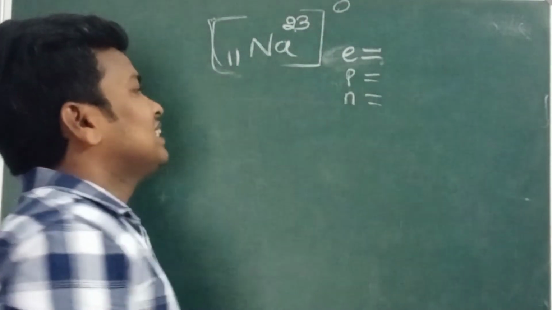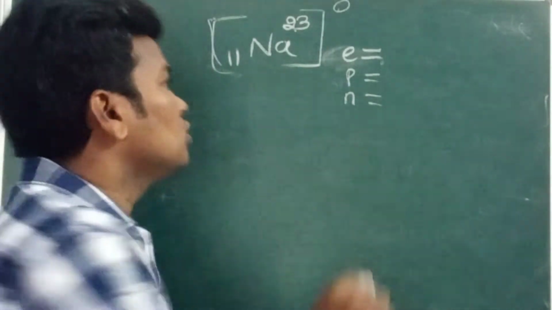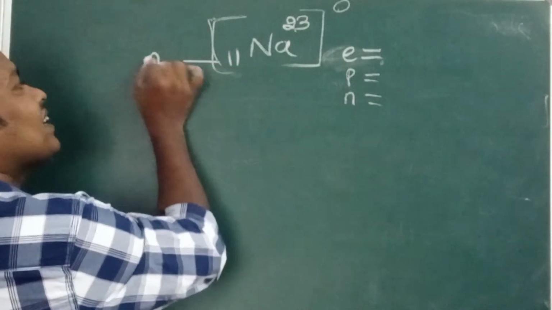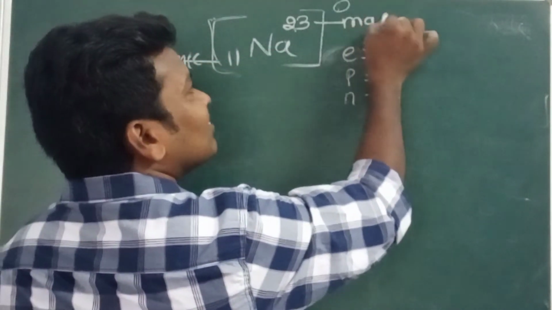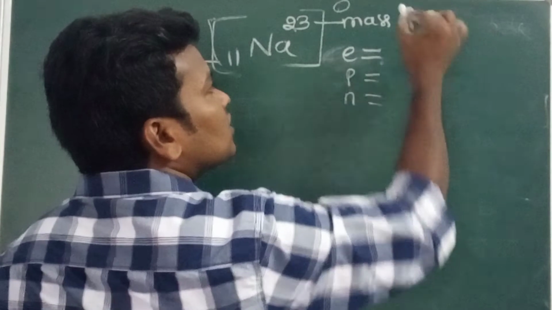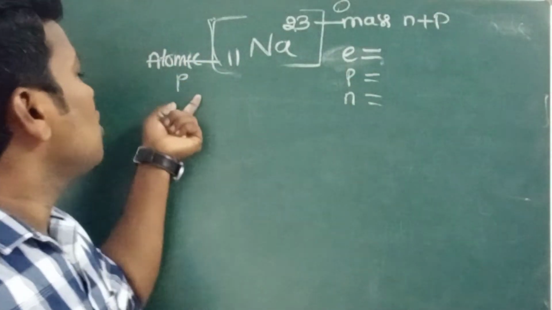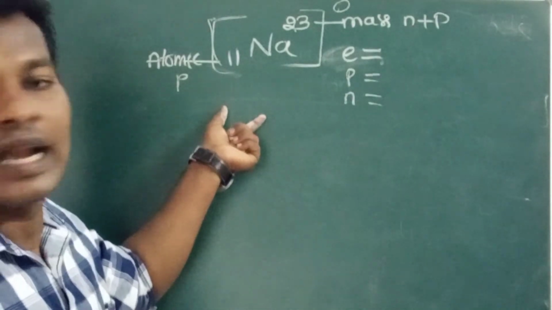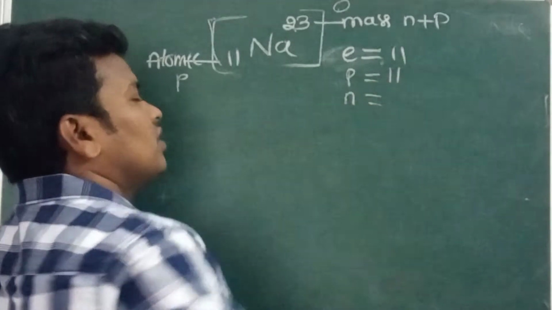Charge is 0, so the number of electrons and protons will be similar. This is called atomic number. This is called mass number, which is neutron plus proton number. In case of a neutral atom, proton number is equal to electron number. So you can write here it is 11, electron number is also 11.